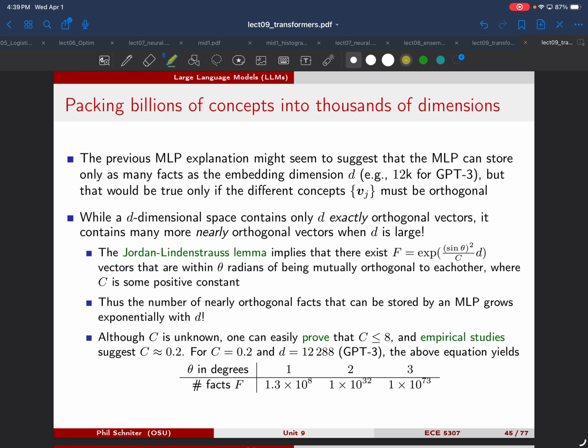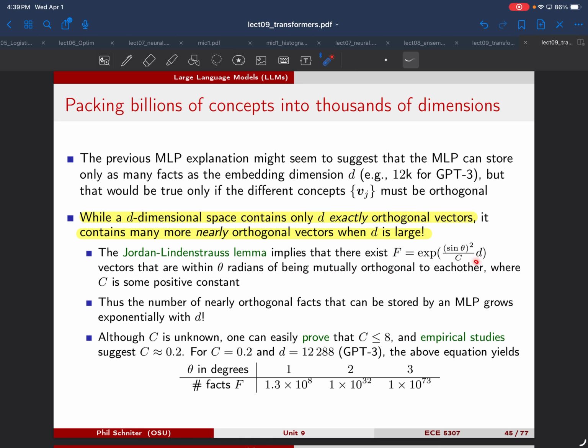While a D-dimensional space contains only D exactly orthogonal vectors, it contains many more nearly orthogonal vectors, especially when D is large. And there's a mathematical concept called the Johnson-Lindenstrauss lemma, which basically says that the number of vectors that are within theta radians of being mutually orthogonal is this.